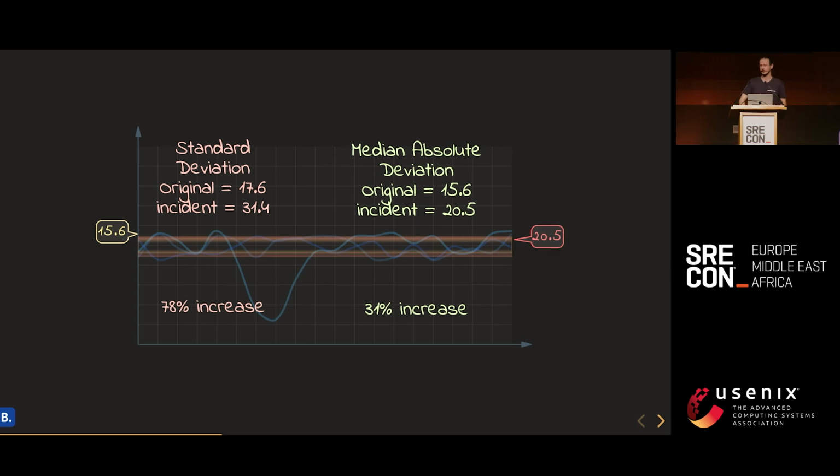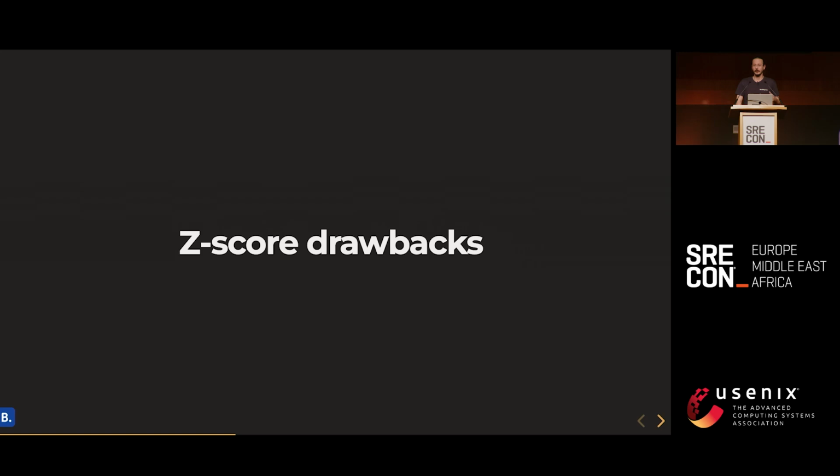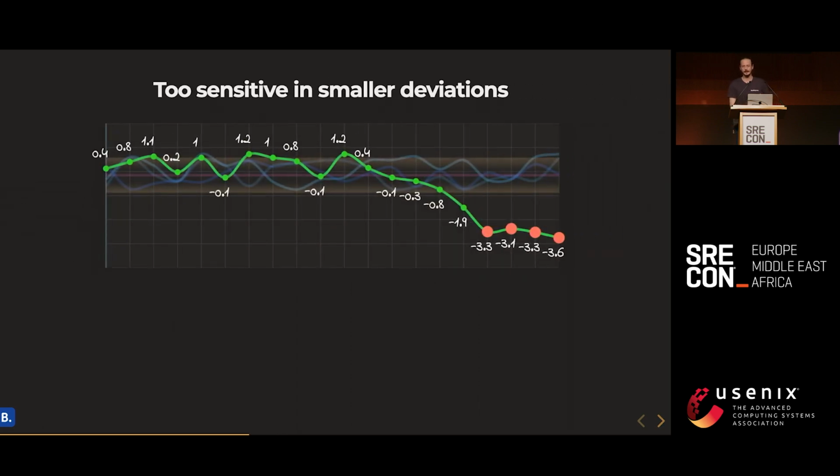Unfortunately, 31% is still too much, and it's not very precise. And the Z-score-based approach for detecting anomalies also has its own drawbacks. That's at least from our experience. The first one that we noticed is that it's very sensitive to smaller deviations. And this is not some theoretical example. Imagine that you have some business metric like orders on your website, and you're tracking the orders in one country.